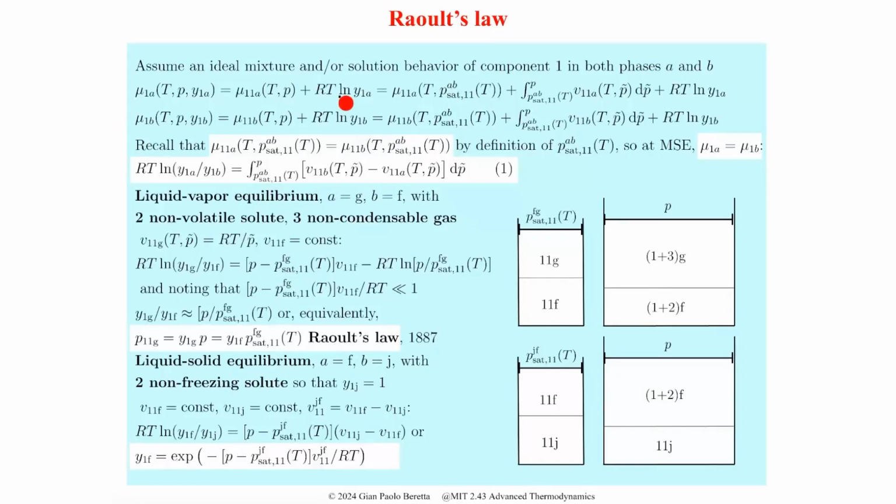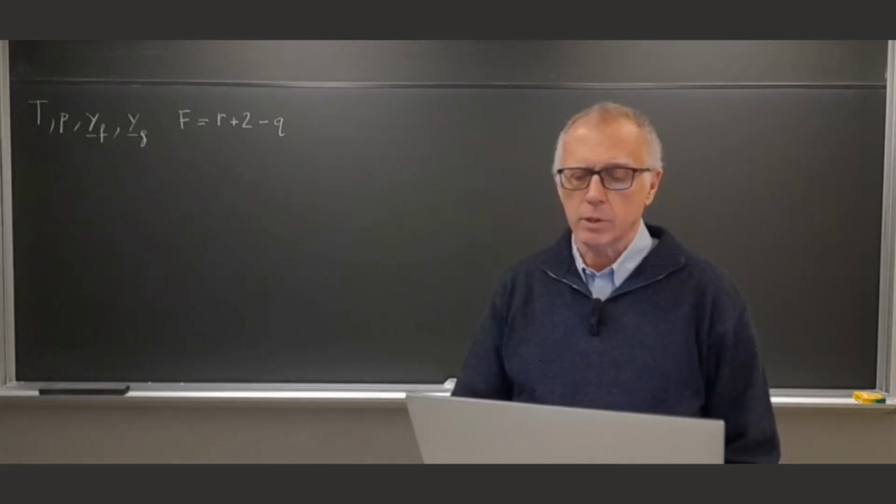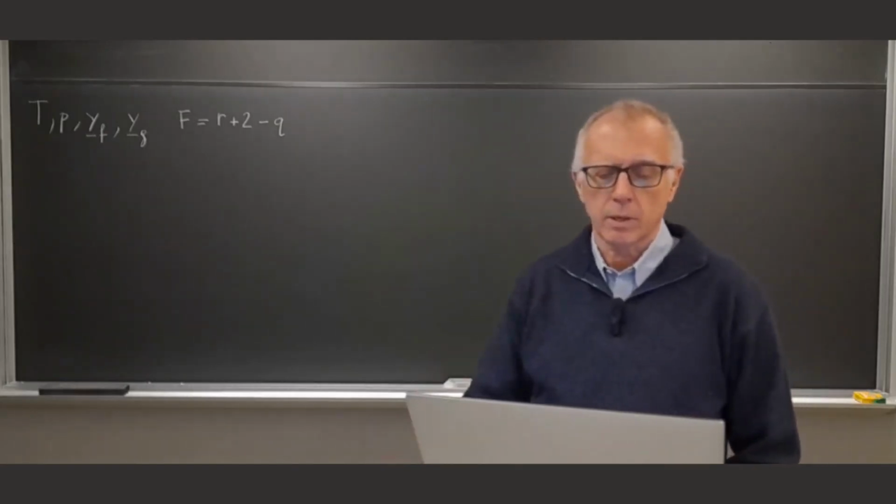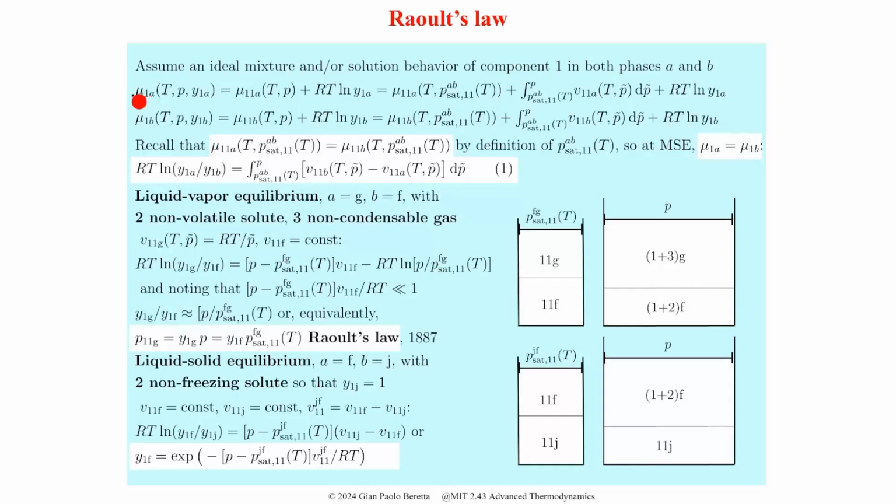Okay, so how do we derive Raoult's law? As usual, we only need to apply the equality of chemical potentials and then manipulate the equations somehow. So let's say that we have two phases that for a moment we call A and B, just generic two phases.